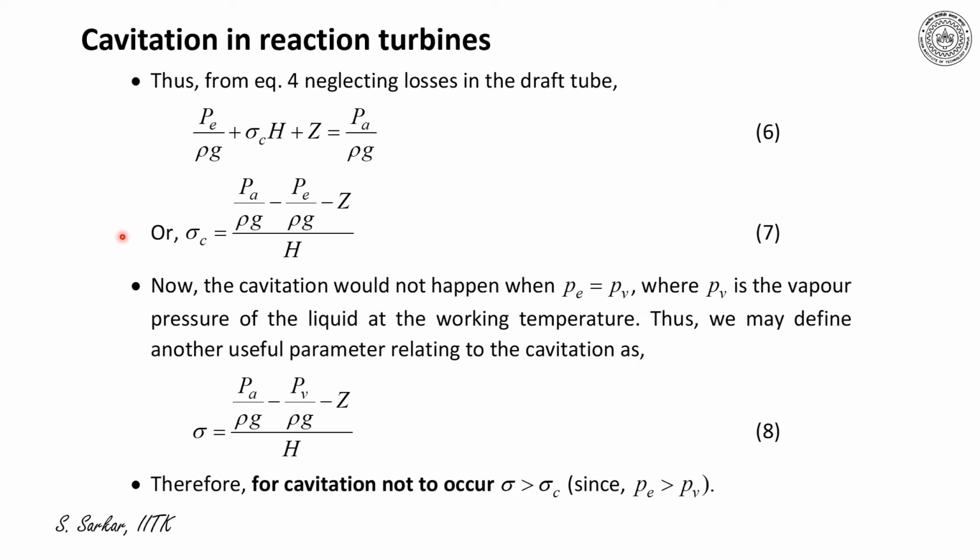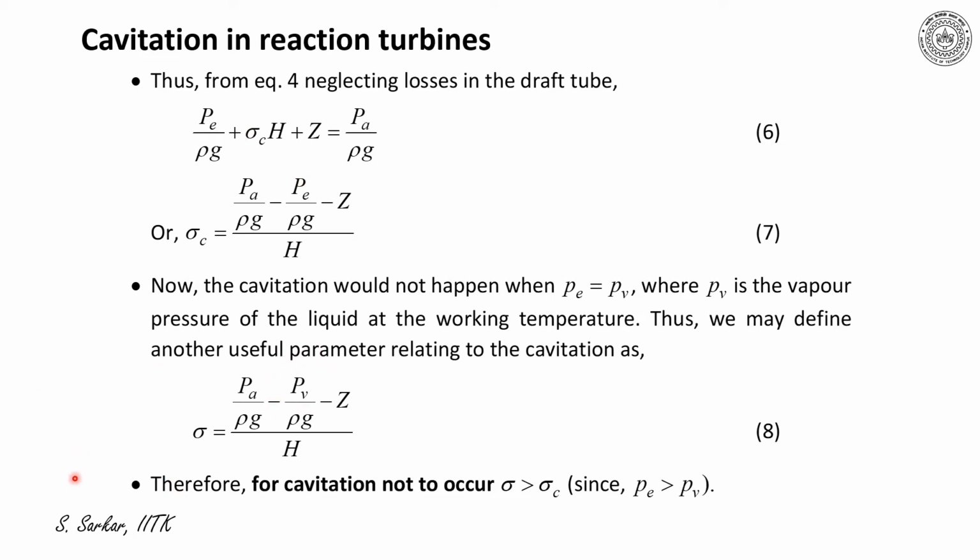Thus, we may define another useful parameter relating to cavitation as sigma is equal to PA by rho G minus PV by rho G minus Z divided by H. That is equation number 8. That means what we have done, PE I have replaced by PV here.